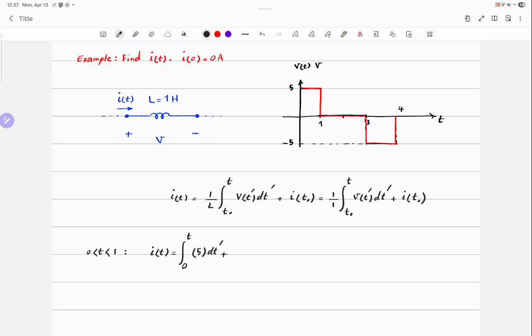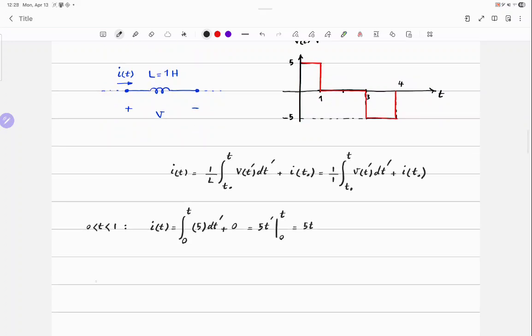And what is I of t naught? 0. So your integral becomes 5 dt' from 0 to t, which is equal to 5t. Okay?